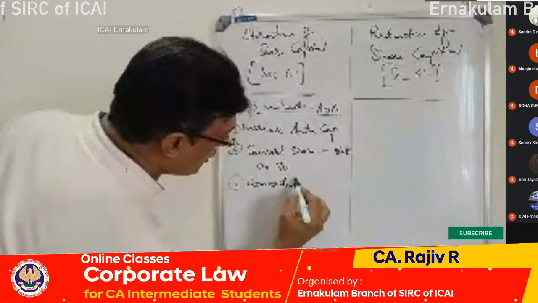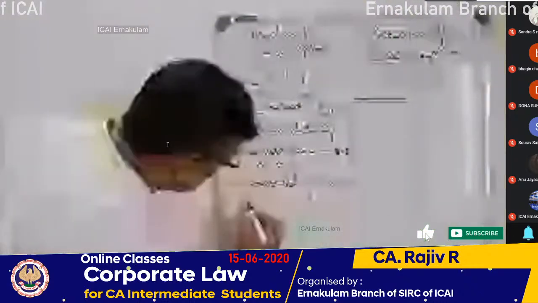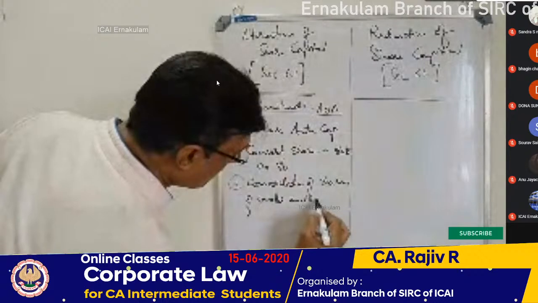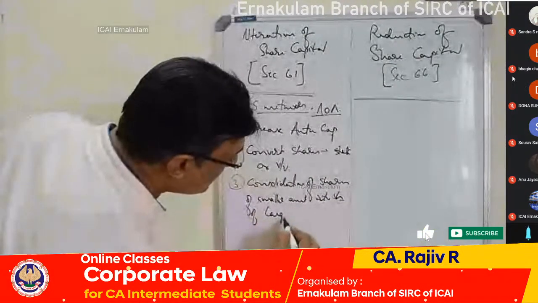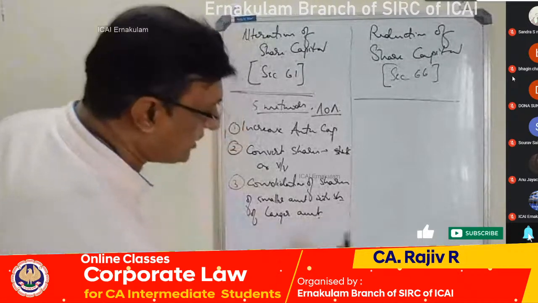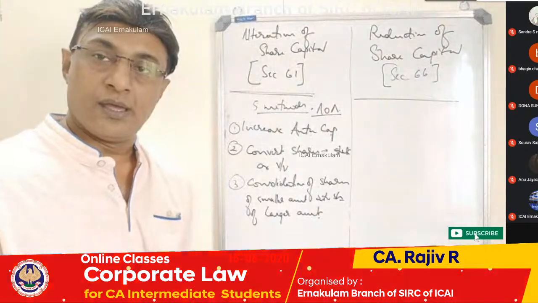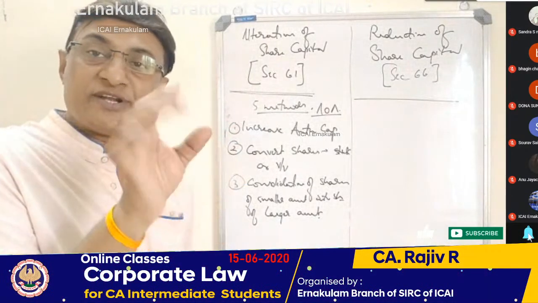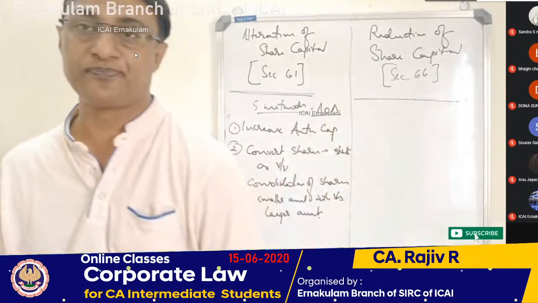Consolidation of shares of smaller amount into shares of larger amount or denomination. Shares of 10 rupees, 20 rupees, 50 rupees, 100 rupees. So the number of shares will reduce.